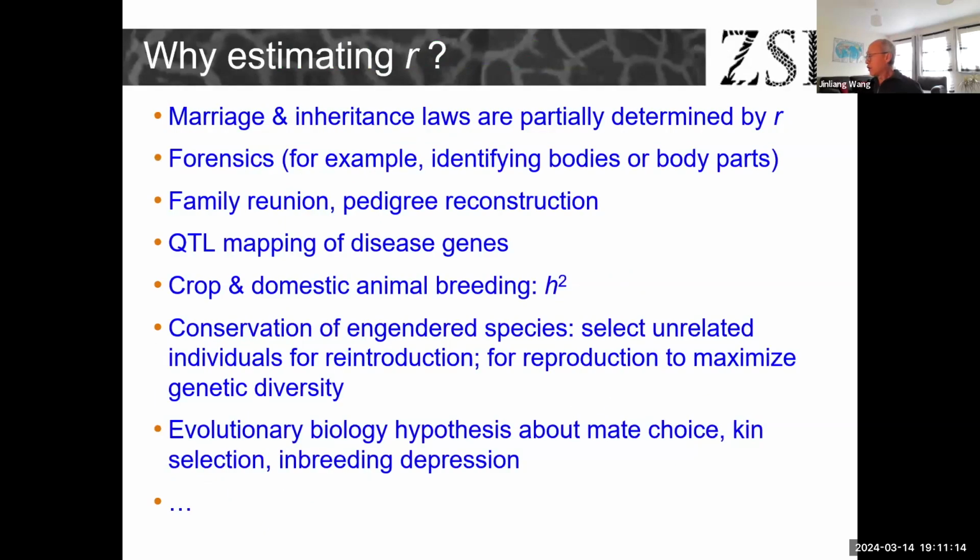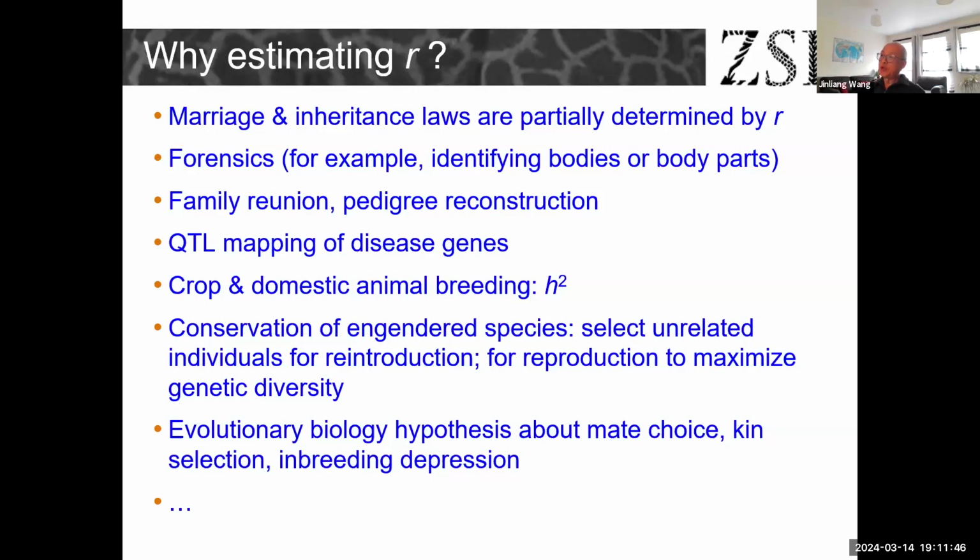So why are we interested in estimating relatedness? There are many applications in various fields. For example, in our human society, marriage and inheritance laws are partially determined by R. And in forensics, relatedness is used for identifying bodies and body parts.